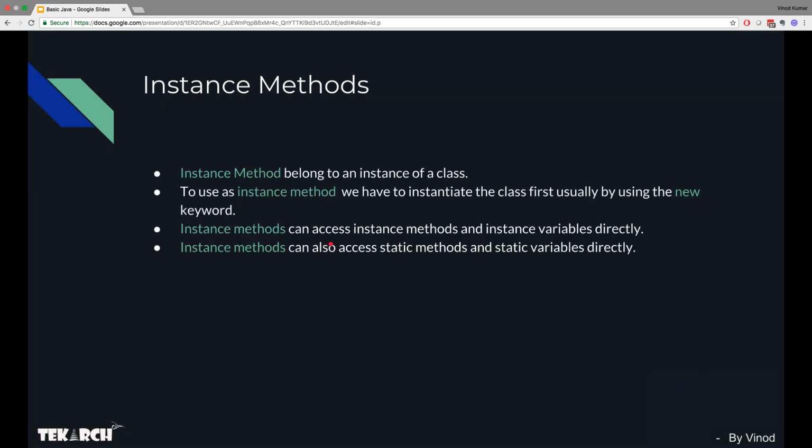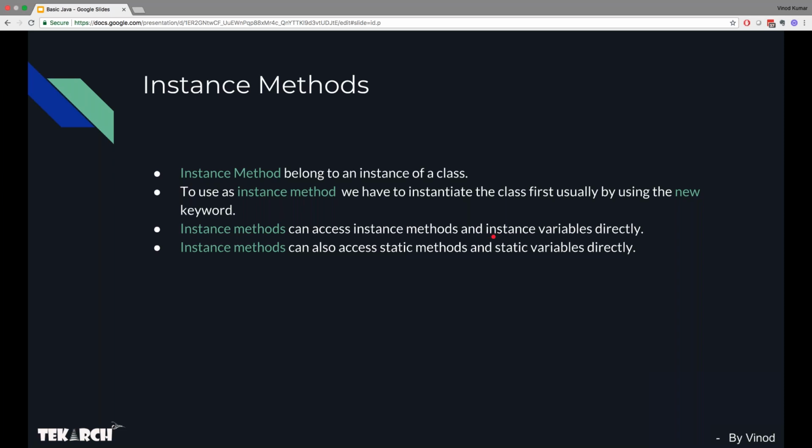Now the instance method. An instance has to be created with the new keyword always. An instance can call static methods and static variables, and instance methods and instance variables. But static can call only static, not instance. Correct? So this is also clear to everyone.